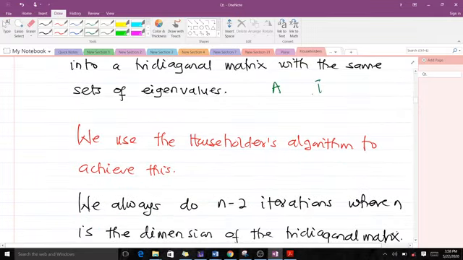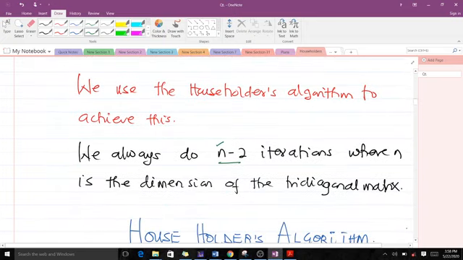To do this, we use the householders algorithm, and we always do n-2 iterations, where n is the dimension of the symmetric matrix A.